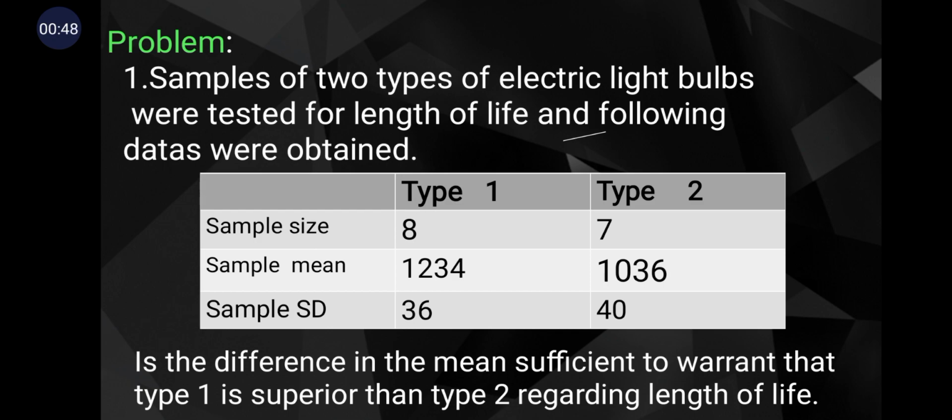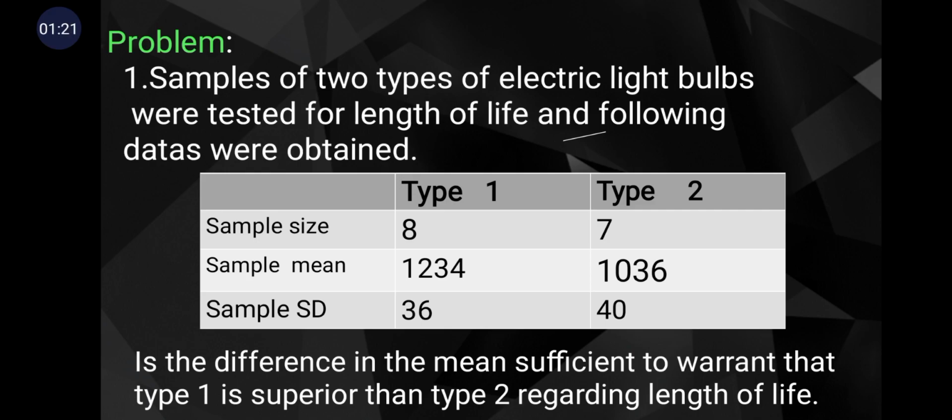Here is a problem. Problem number 1: samples of two types of electric light bulbs were tested for the length of life, and the following data were obtained for type 1 and type 2. Sample size of type 1 is 8, sample size of type 2 is 7.